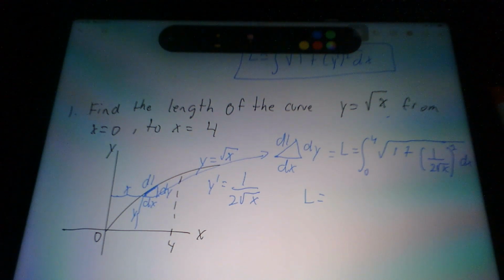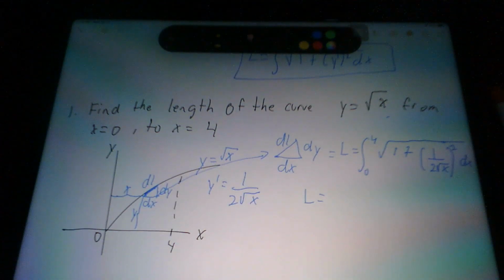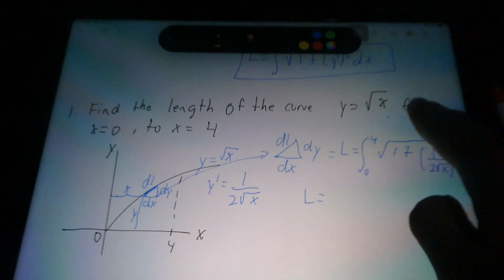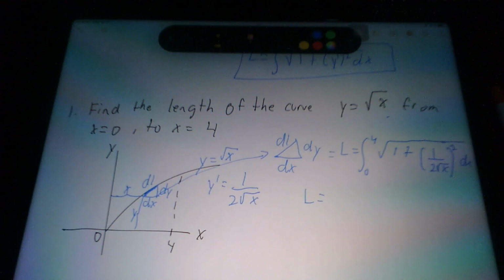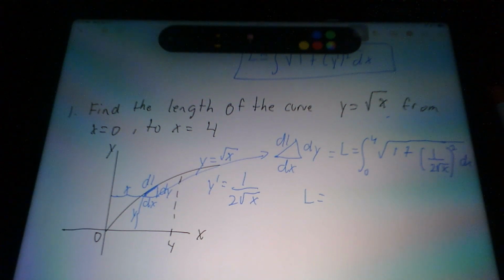We input the integral from limit 0 to 4, and the square root of 1 plus the derivative of y equals to square root of x, which is just 1 over 2 square root of x, dx. And don't forget the squared, guys, here, squared. Can you see the square here?